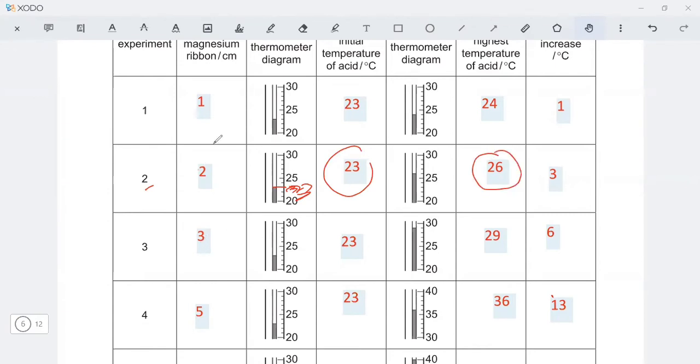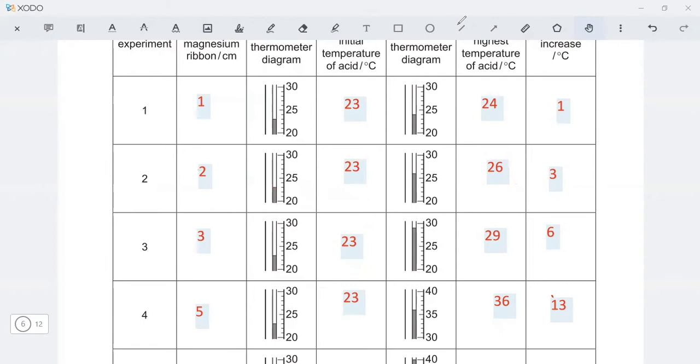And the third experiment here, we have taken magnesium ribbon of 3 centimeters, the temperature 23, then the highest temperature is about 29. Similarly, when it was 5 centimeter length of magnesium ribbon, the initial temperature is about 23, and the highest temperature measured in this diagram is about 36.